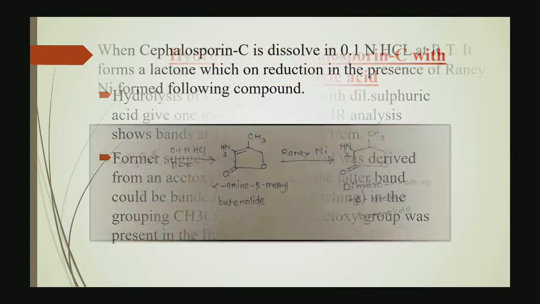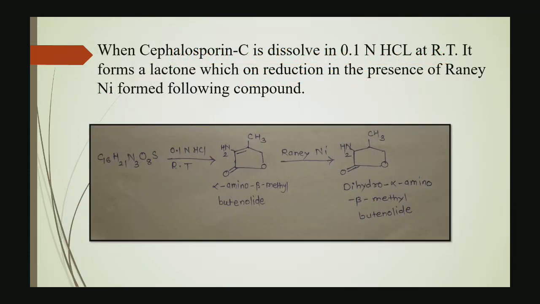Next slide is about the remaining fragment. This left the rest of the compound fragment containing hydrocarbon atoms. When cephalosporin C is dissolved in 0.1 normal HCl at room temperature, it forms a lactone, which on reduction in the presence of Raney nickel forms the following compound.